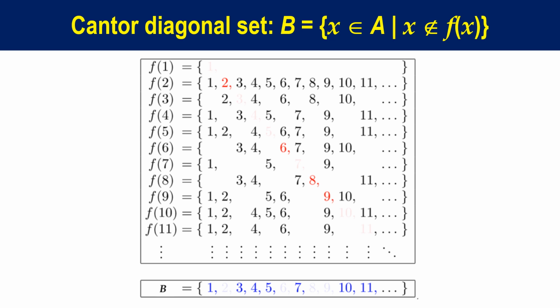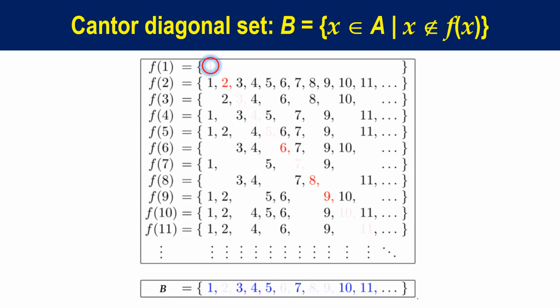Suppose you have a list of f_i, which are subsets of natural numbers. f1 is an empty set, f2 is a set of all natural numbers, f3 even numbers, f4 odd numbers, and so on. Then make a subset B by having x that is not an element in f(x), which is the definition of set B.